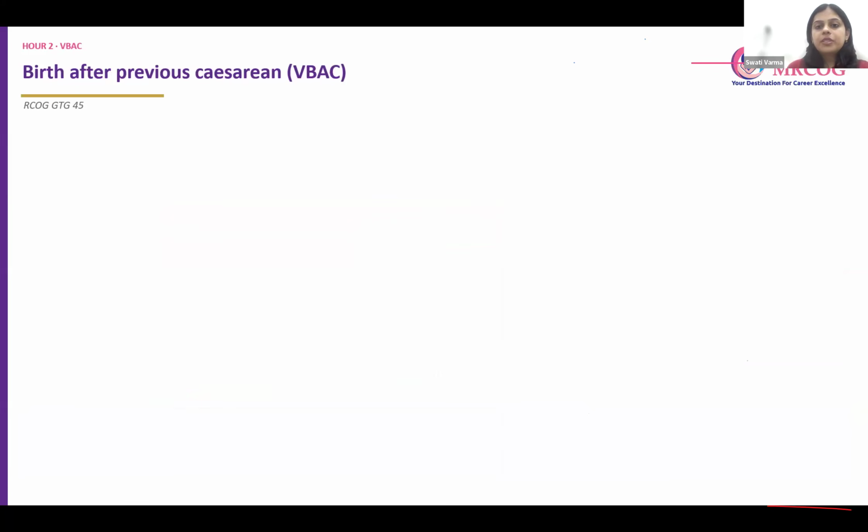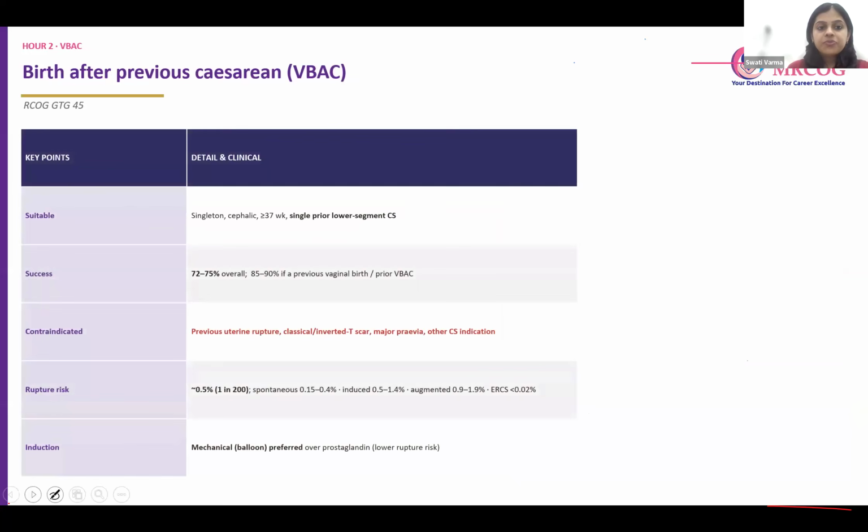Now, birth after previous cesarean section, VBAC. Who are suitable? Singleton, cephalic presentation, 37 weeks or more with a single prior lower segment cesarean section can be taken up for vaginal birth after previous cesarean section. What is the success rate?